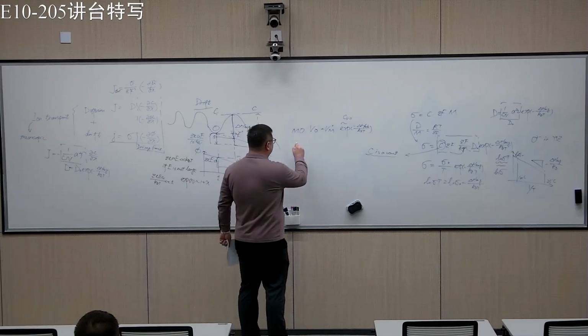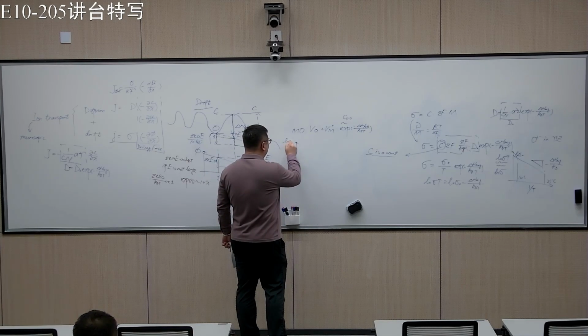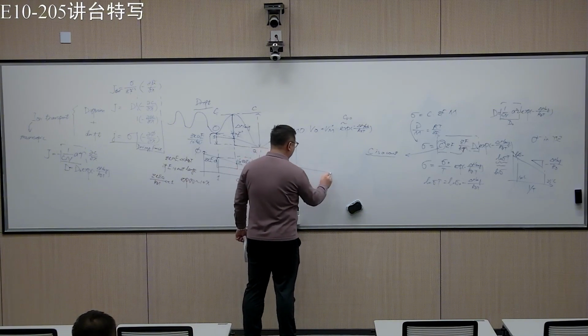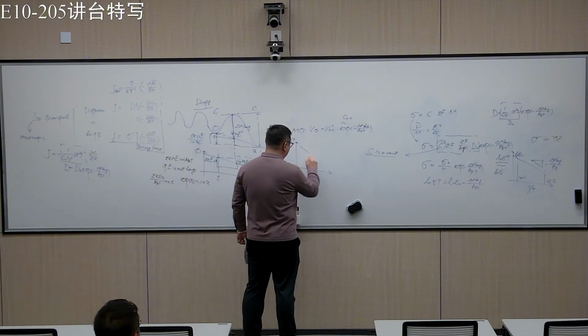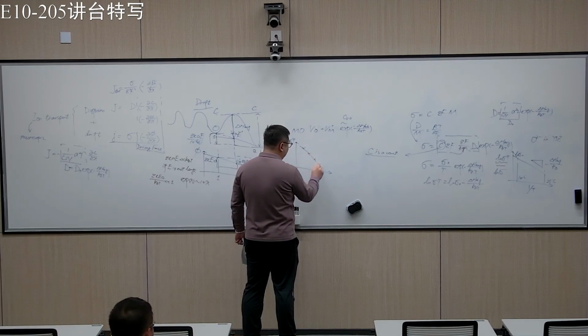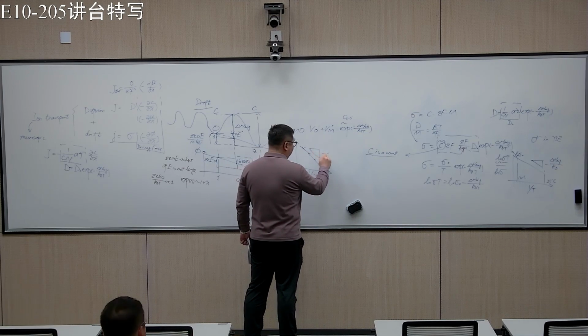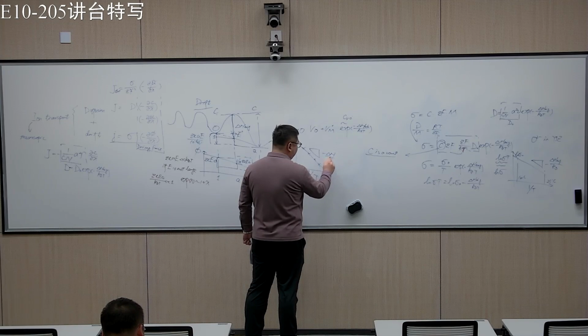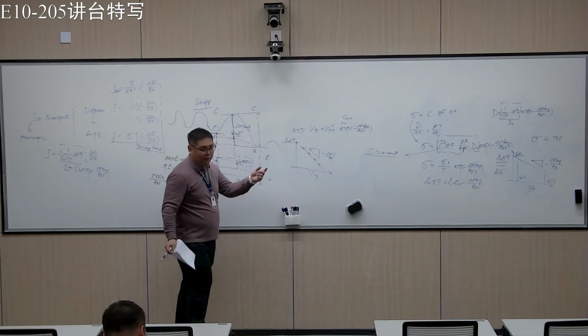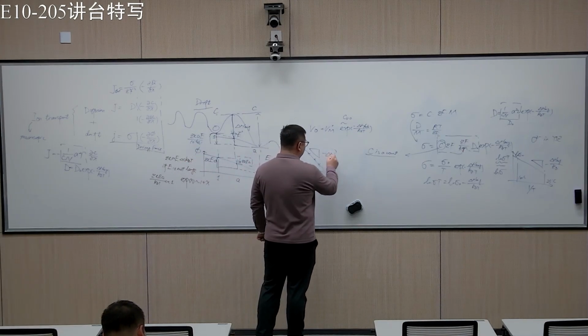So sometimes people plot log sigma or log sigma T versus 1 over T. You have the thermodynamic equation, and you extract, it can be R or kBT, doesn't matter, the enthalpy.